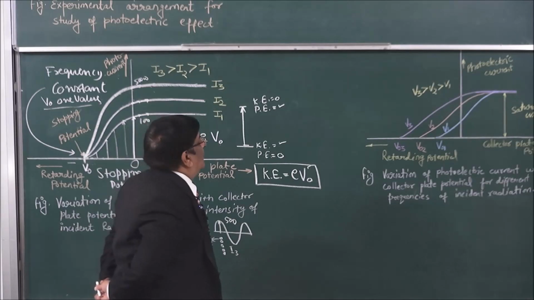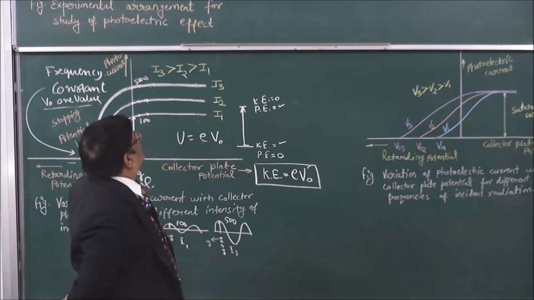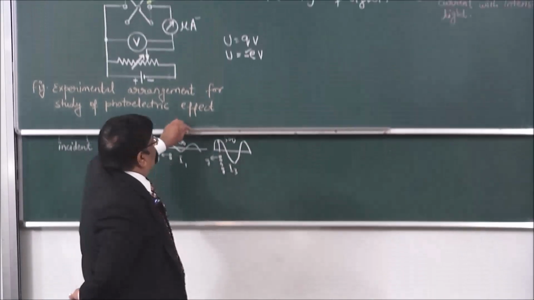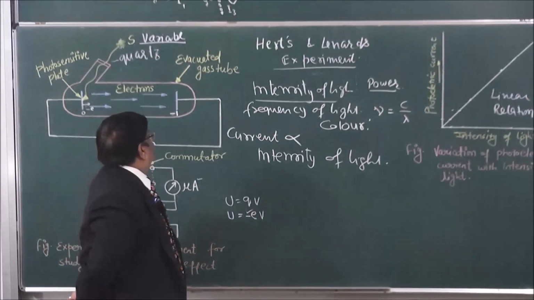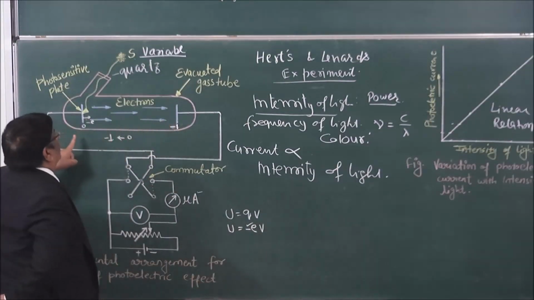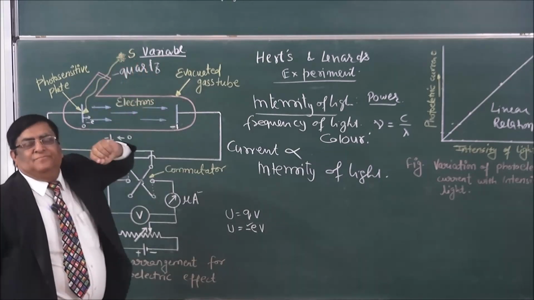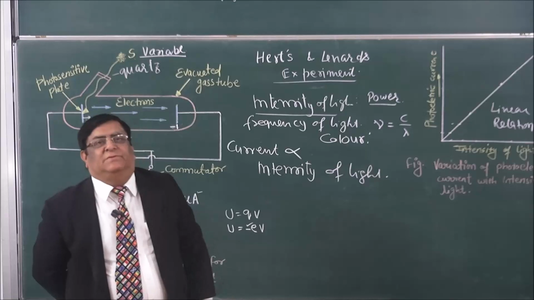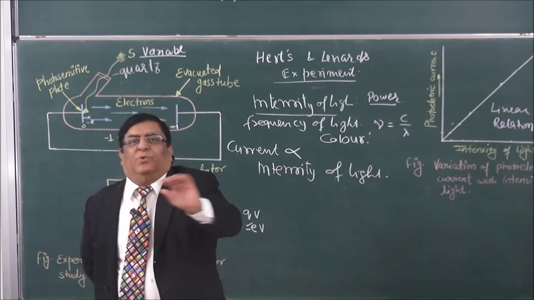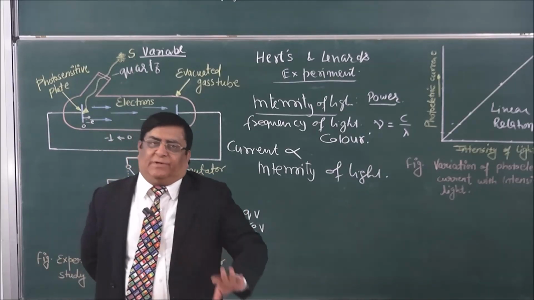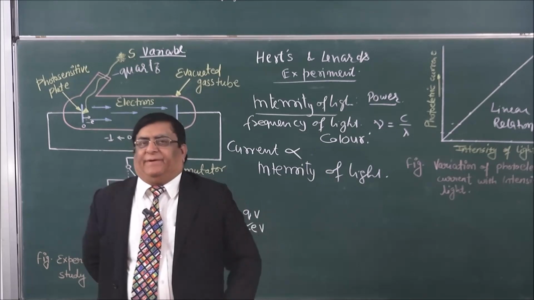Now we do the other part. Again, now I change the variation in a different style. I take all the bulbs, say 200 watt, all the bulbs 200 watt, but their color is different.